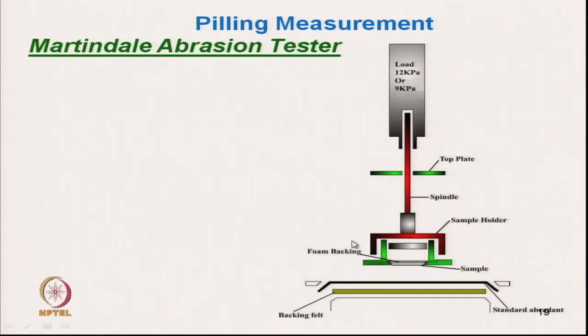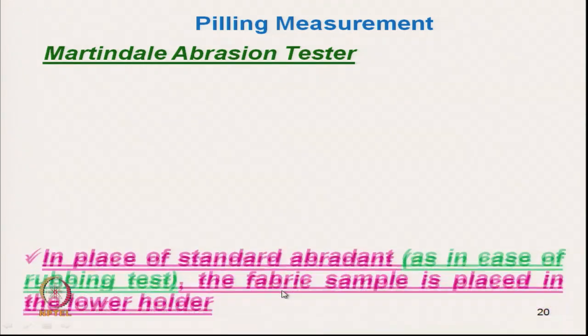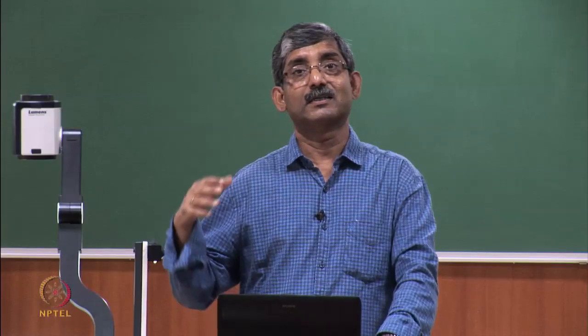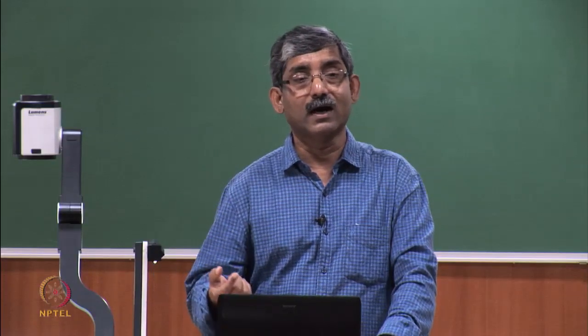These are the specimens; this is the sample, another fabric is here, and they rub against each other. In place of the standard abradant, as in the rubbing test that I will mention later, the fabric specimen is placed in the lower holder. In the rubbing test we will see that standard abradants are used.